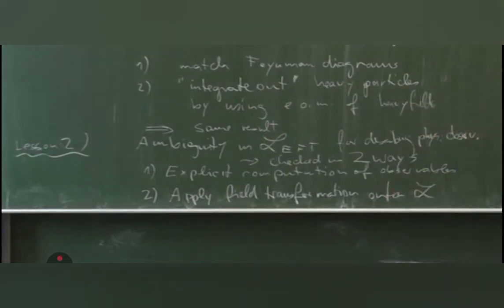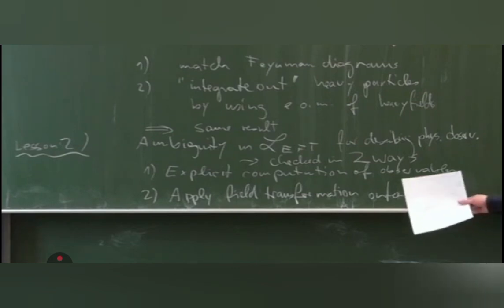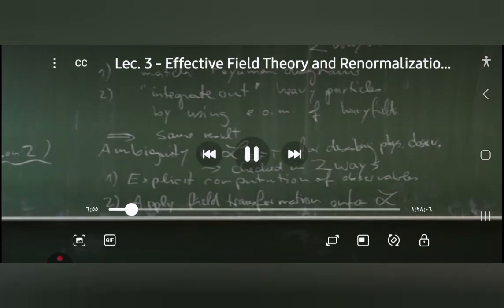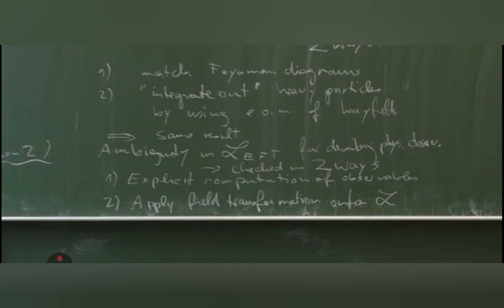And if we know or use the statement that field transformations are unphysical and therefore cannot change the physical content of the theory, it is clear that by applying a field transformation we go from one Lagrangian to another one which looks different but describes the same physics. And again, we have done this in two ways: in exercise number 2 with a very simple and concretely given field transformation, and in exercise number 4 with a generalization.